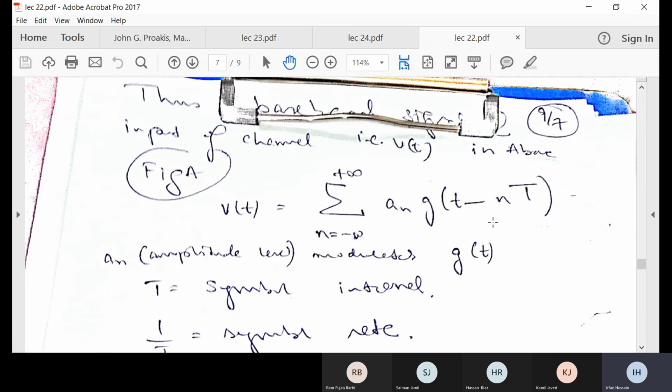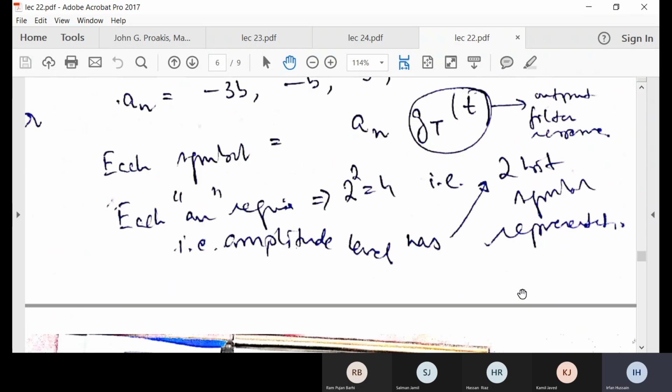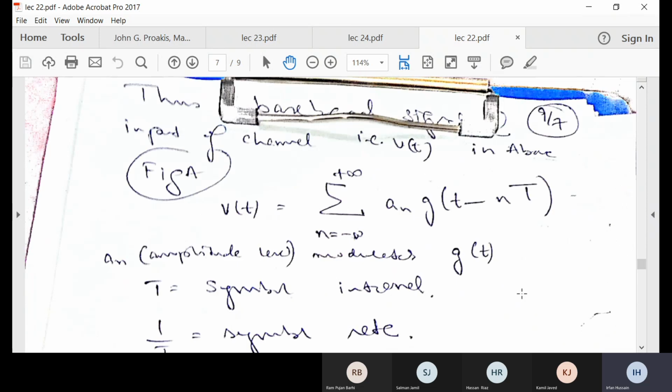So the PAM signal where you have one orthonormal basis, and these are the signal values, which were all real values or amplitude levels. For example, these could be the amplitude levels if we have 4 PAM, or if you have 16 PAM, and so on and so forth.